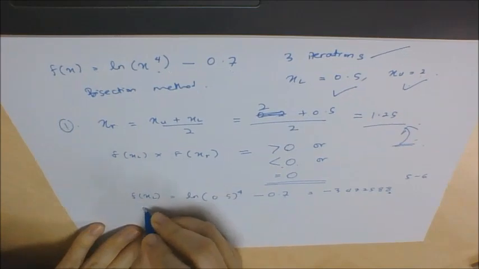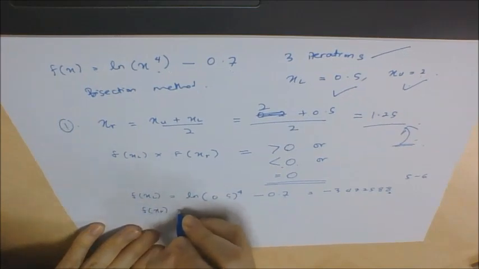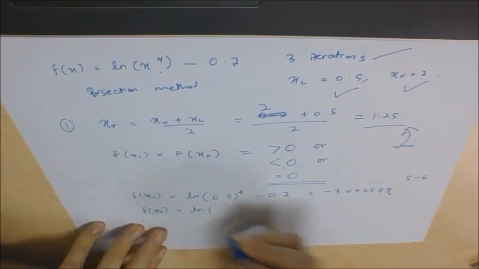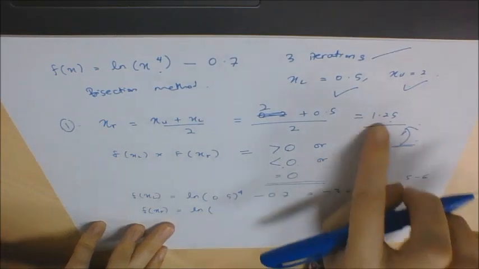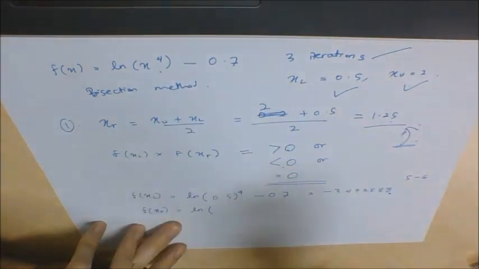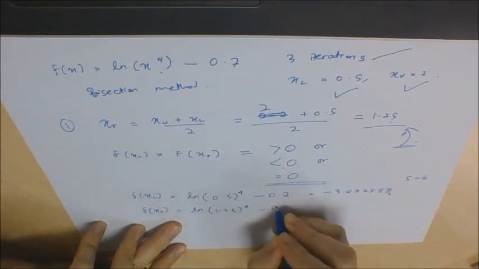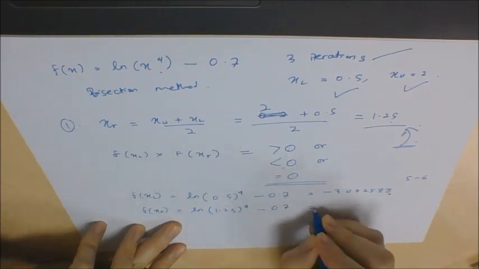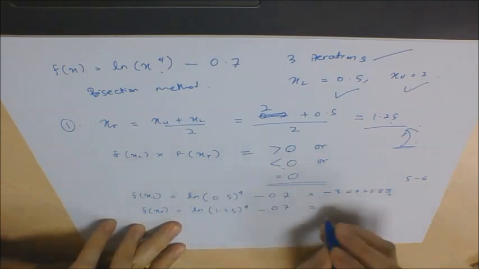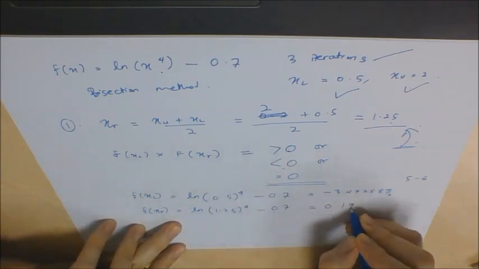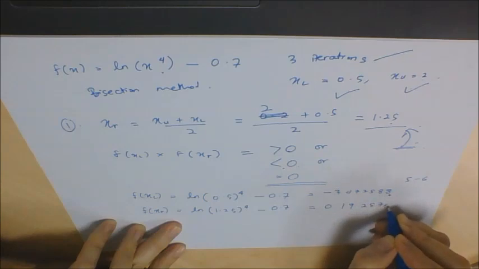Okay, now it's time to calculate your FXR. Again, you just substitute your XR, 1.25, into this equation: ln of 1.25 to the power of 4, minus 0.7. Now you will get 0.192574.